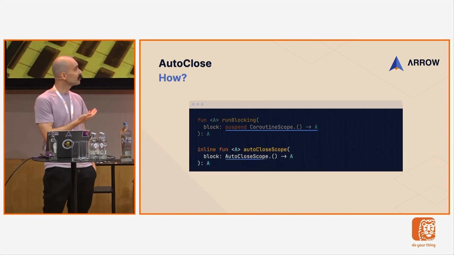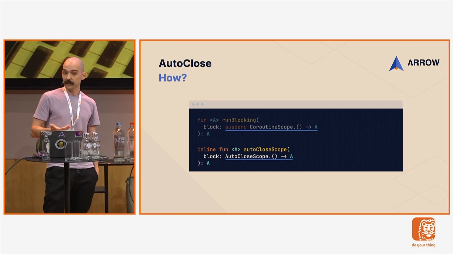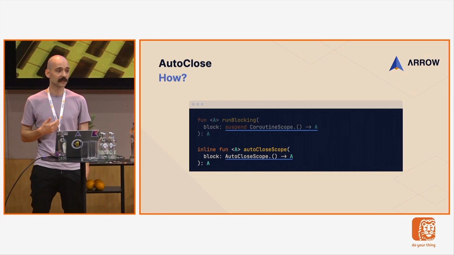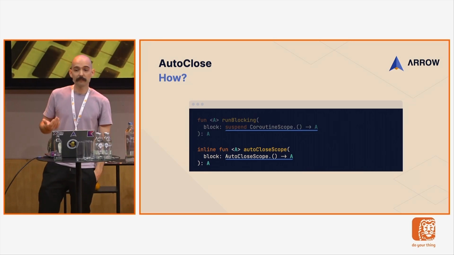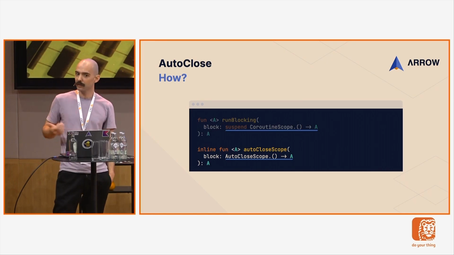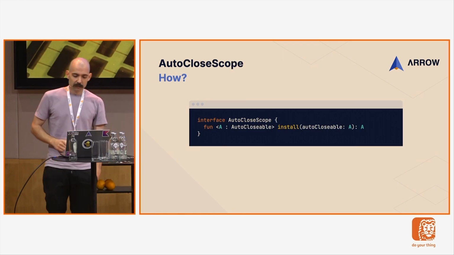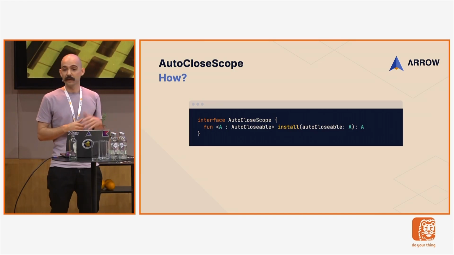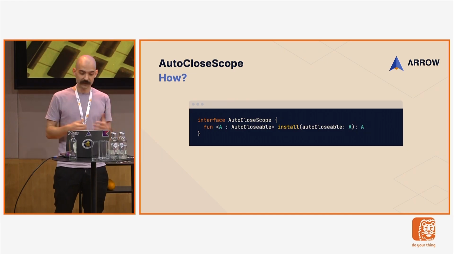The DSL that we just saw looks exactly the same. We have a function with a lambda with receiver, but this time our lambda with receiver is the AutocloseScope type. So what does the AutocloseScope type allow us to do? Well, it is a very simple interface with, in this case, the install method, which we've already seen.